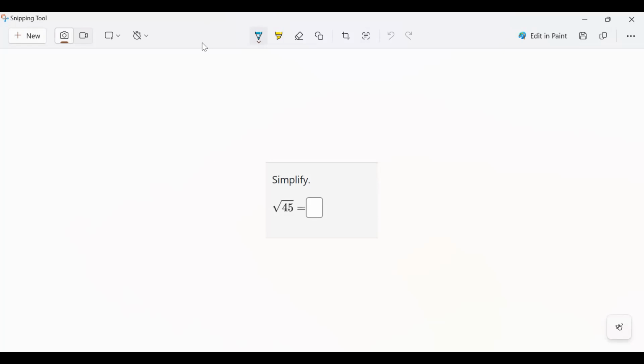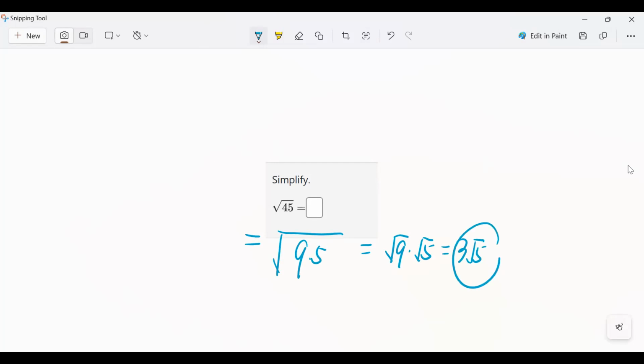Okay, so basically just break down as the maximum perfect square that goes into 45. That's going to be 9 and 5. 9 is the maximum perfect square that goes into 45. Square root of 9, square root of 5. So 3 square root of 5. The answer is 3 square root of 5.